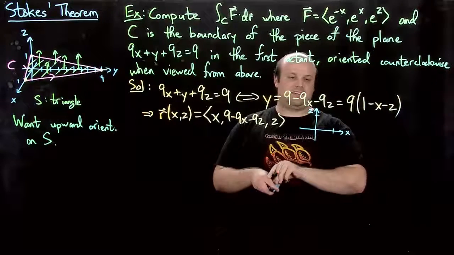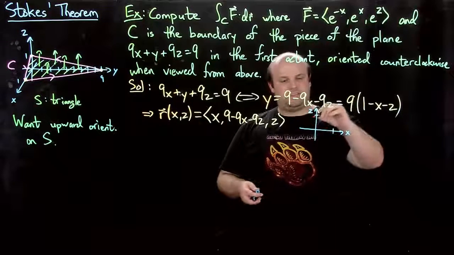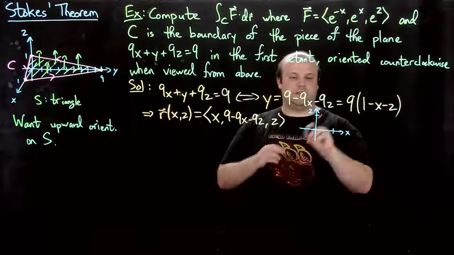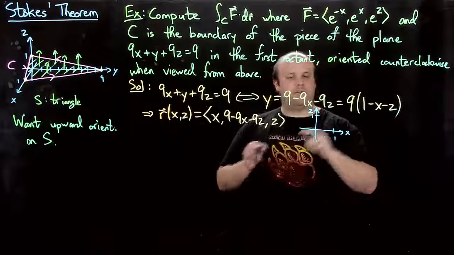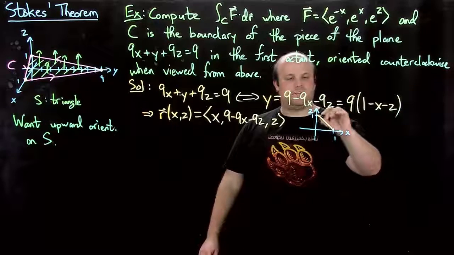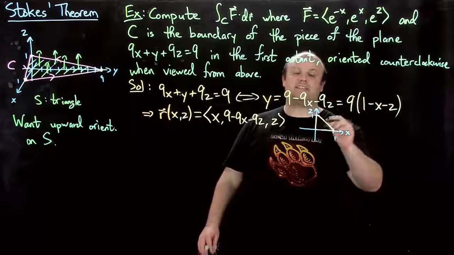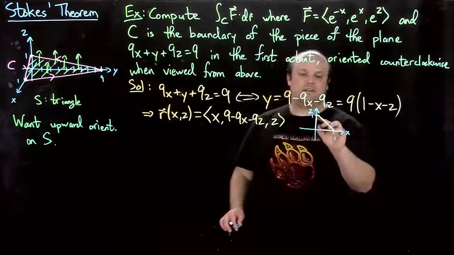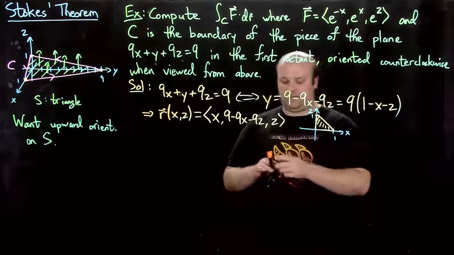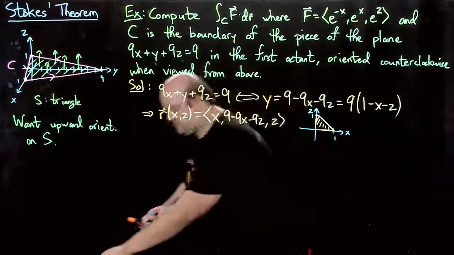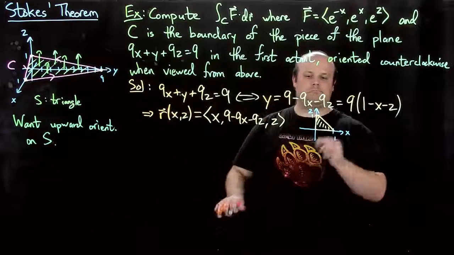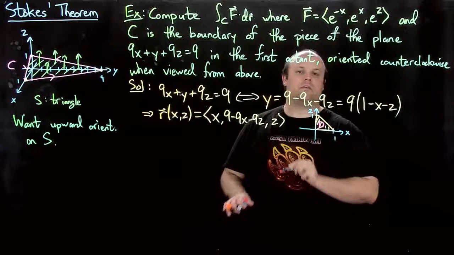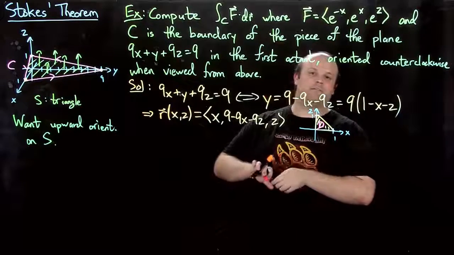Remember, it intersects at z equals 1 and x equals 1. It's in the first octant, so x and z can never be negative. So the domain is this triangle right here. This is D.